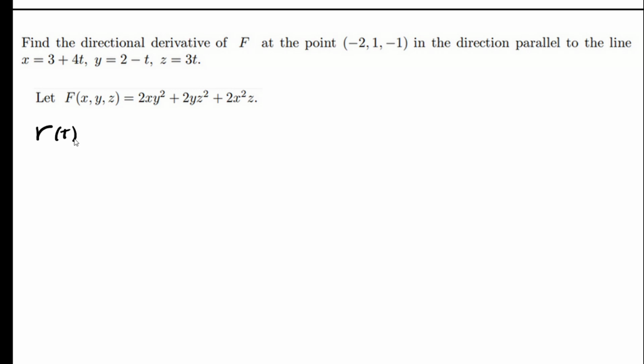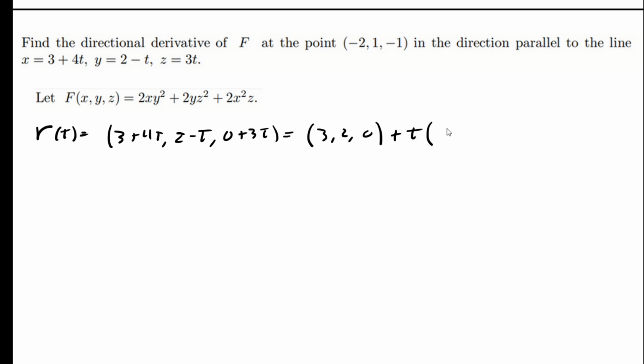So we have r of t is equal to 3 plus 4t, 2 minus t, and 0 plus 3t. So this is going to be 3, 2, 0 plus t times 4, minus 1, 3. I hope you guys recognize that this is the direction vector. So that's the direction that we want this in.